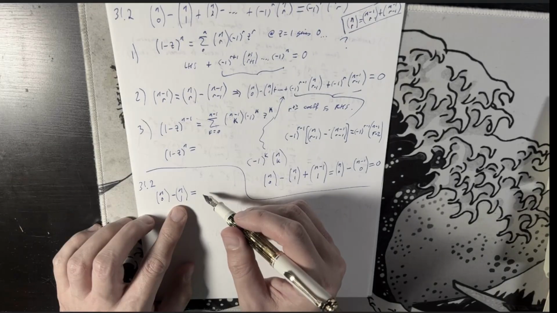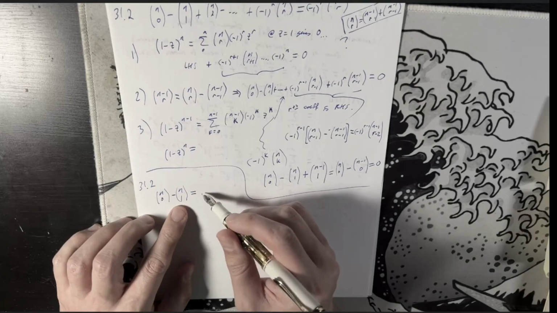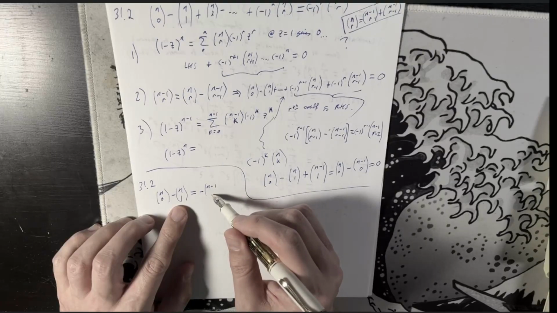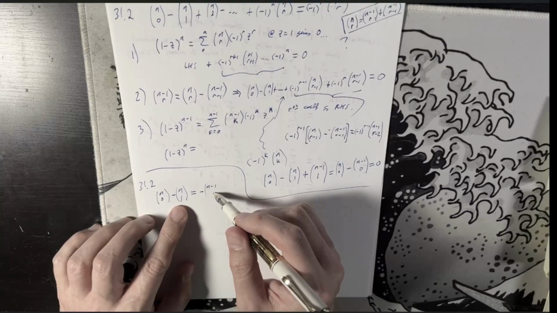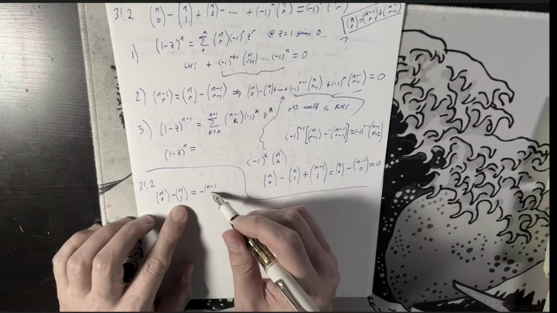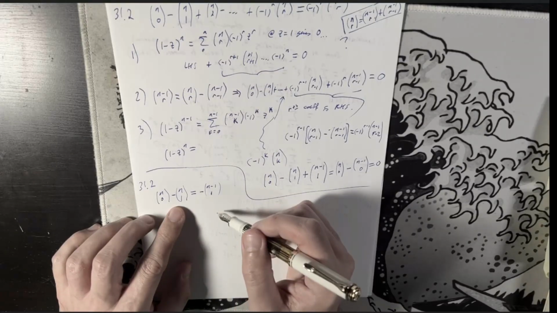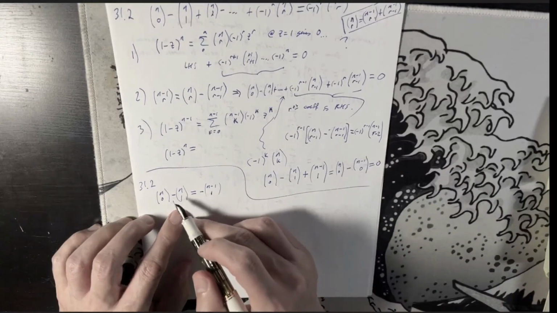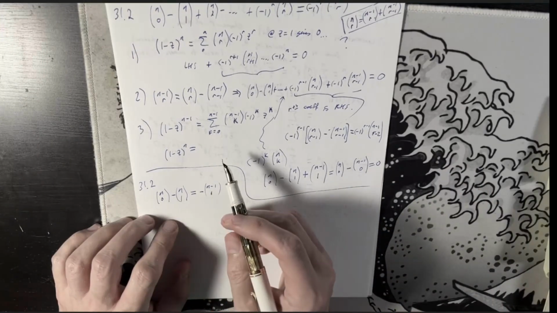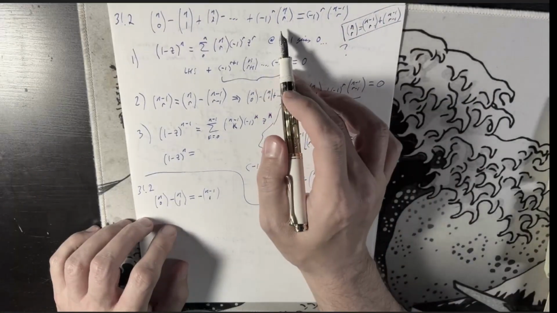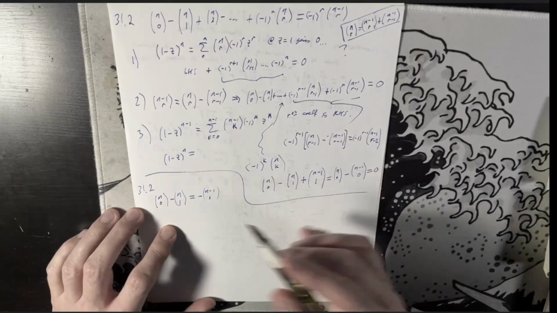We're supposed to be getting that this equals... Actually, he didn't say to do this. He said to do induction. I guess we could do it on n, right? I was going to do it on r. Yeah, let's do it on r.